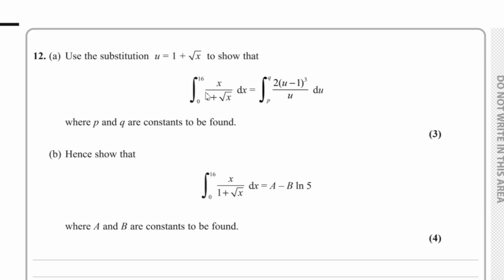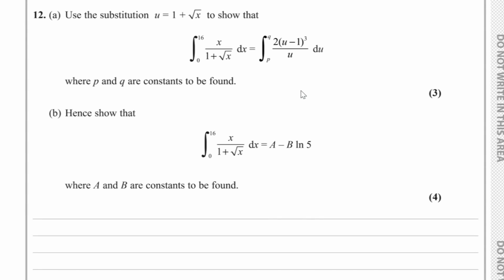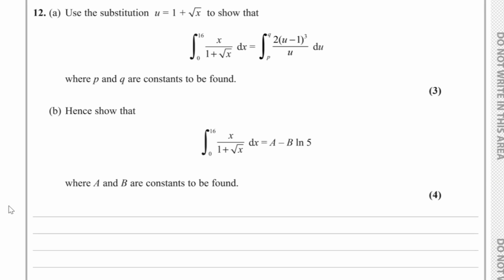Our aim is to transform this integral in terms of x to an integral in terms of u. For part A, we begin with u equaling 1 plus square root x.